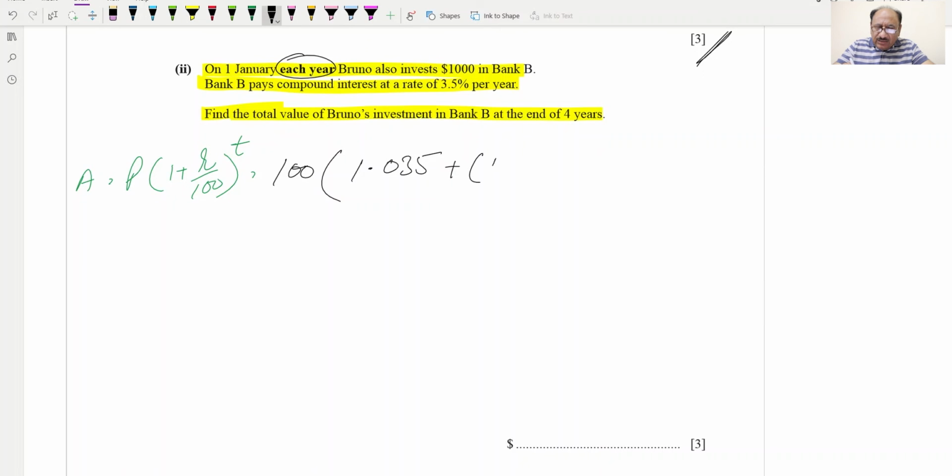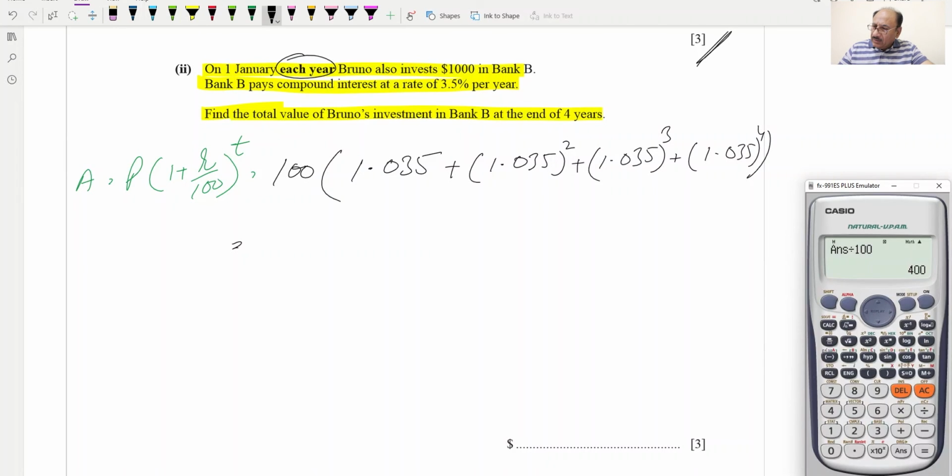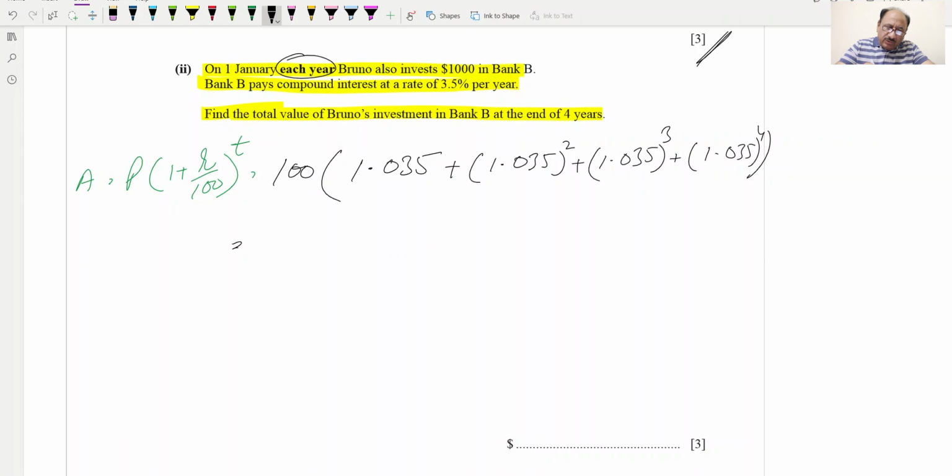For the second year it will be 1.035 squared, and for the third year it will be 1.035 raised to power 3, and for the fourth year it will be 1.035 raised to power 4. This one we need to simplify, and this will be 1000, not 100, it should be 1000.